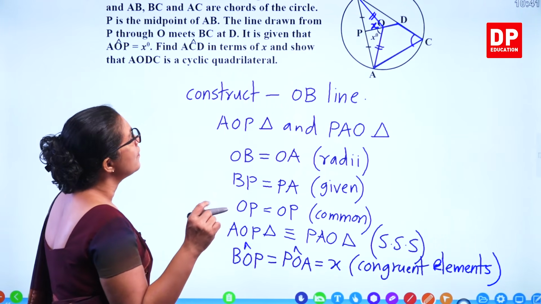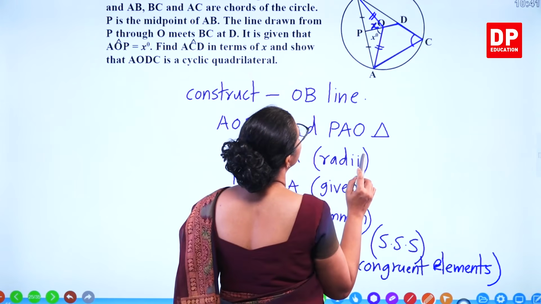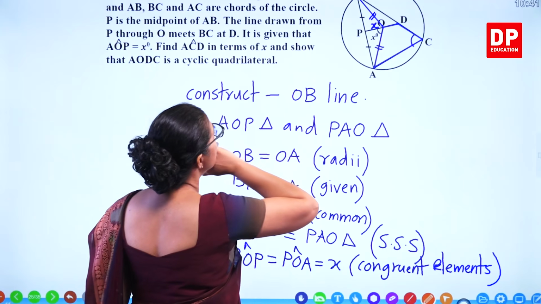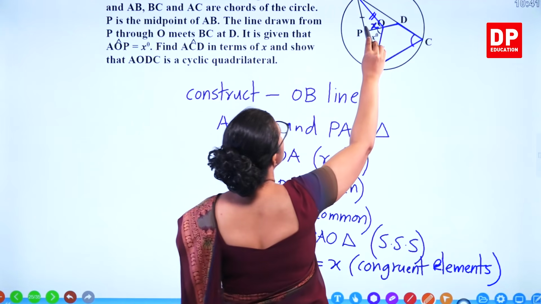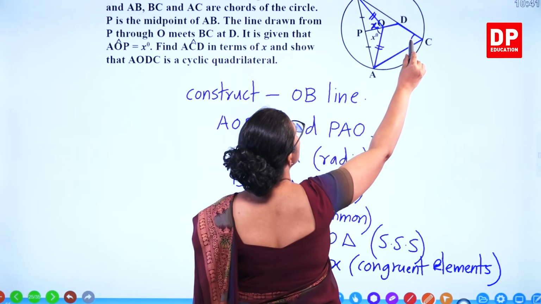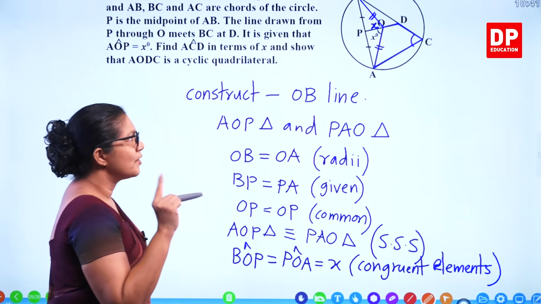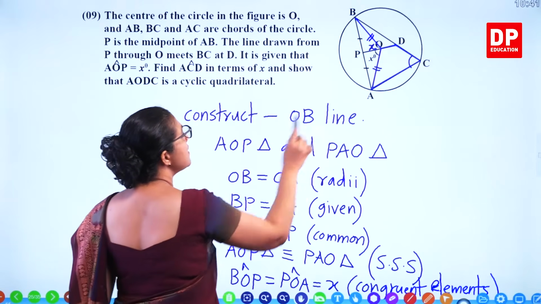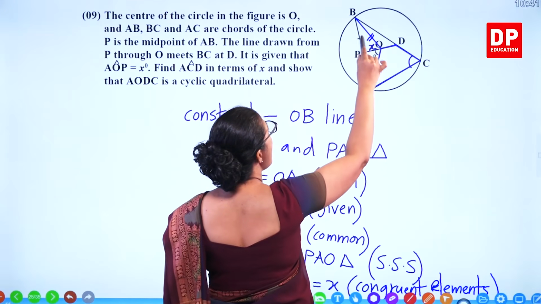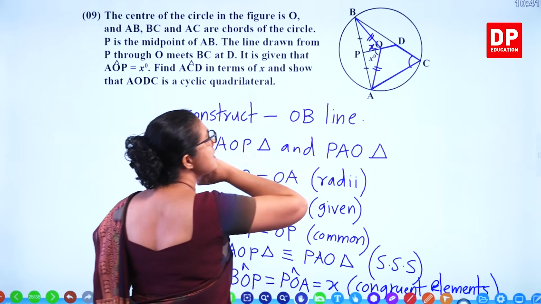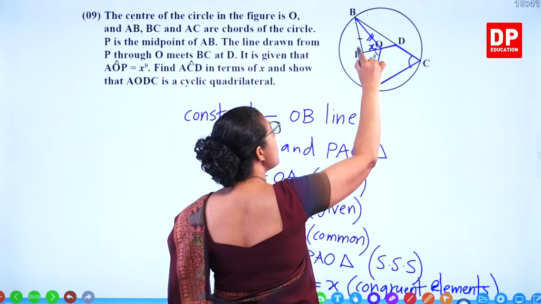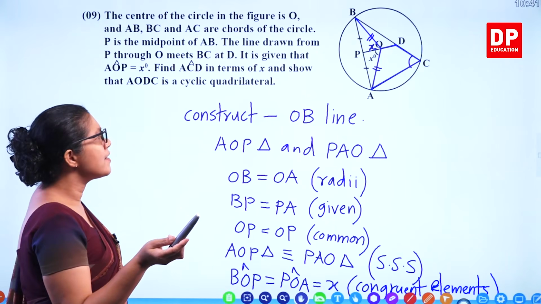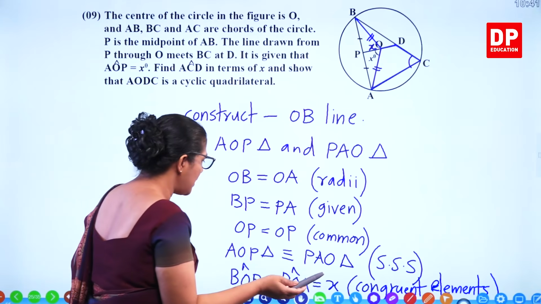Now we know this is X. So what's the other angle then? This is X, this is X. What is this angle then? Look carefully. If AB is the arc, this is the angle subtended at the center. X and X, that's 2X. This is the angle subtended on the circumference. So what is the relationship?